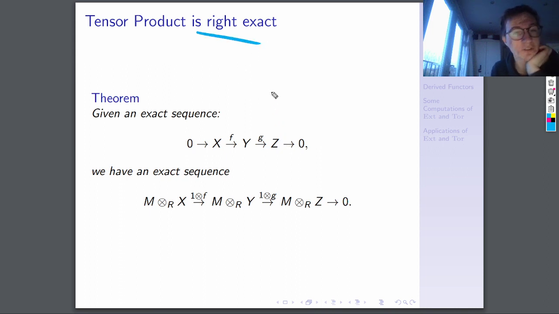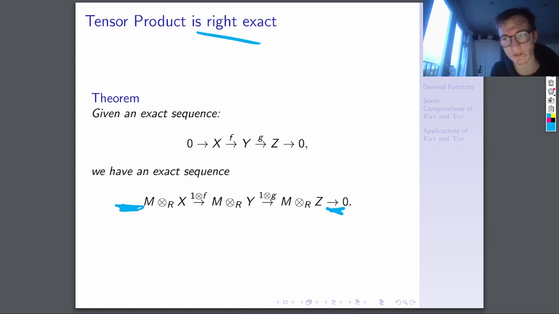Okay, and also the tensor product is right exact. For the Hom one, if we were to write it the right way round, like this, we would be missing a 0 over here, but that's called left exactness, and for the tensor product, we're missing a 0 over here, basically.